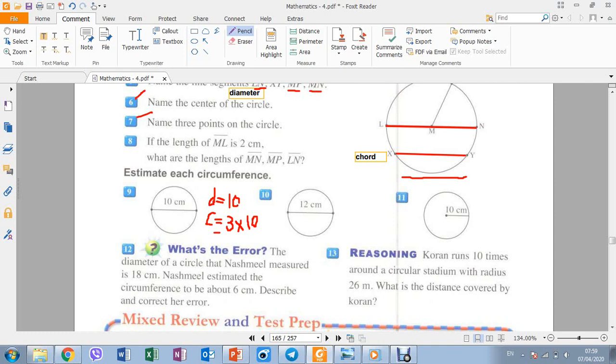So C equals what? 3 times 10 is 30. What unit? Centimeters, because you have centimeters.